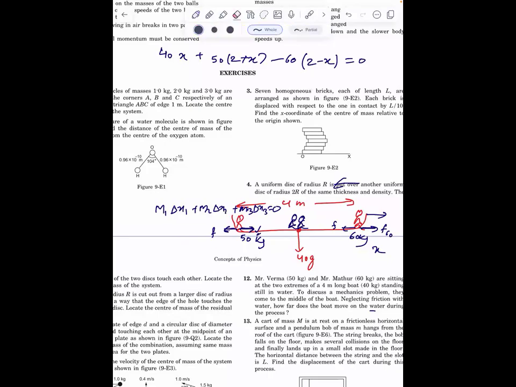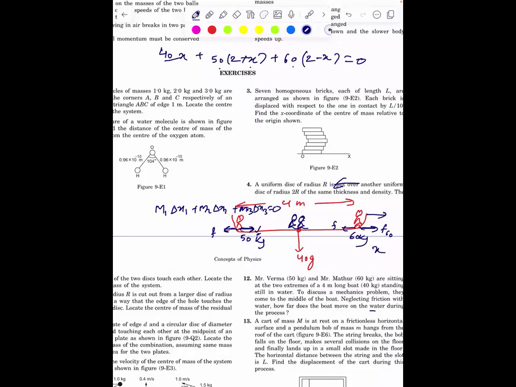If you want to write like this, plus 60 into 2 minus x is equal to 0. Is it okay? Tell me. I'm not checking the sign; the sign will come automatically. 40x, 50x minus 60x.